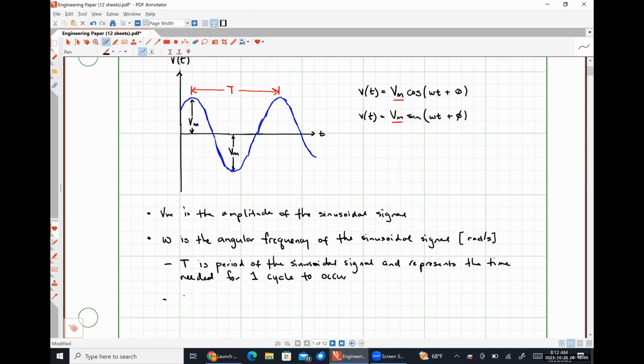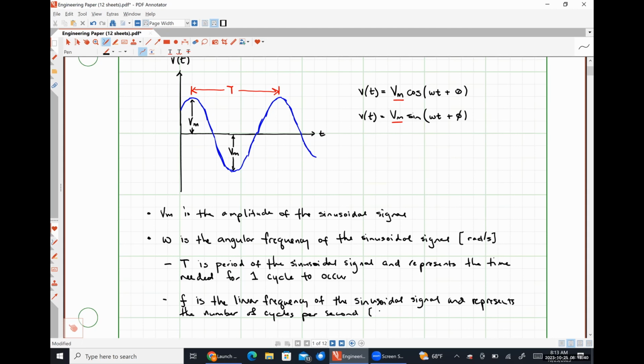F is the linear frequency of the sinusoidal signal, and it represents the number of cycles per second.